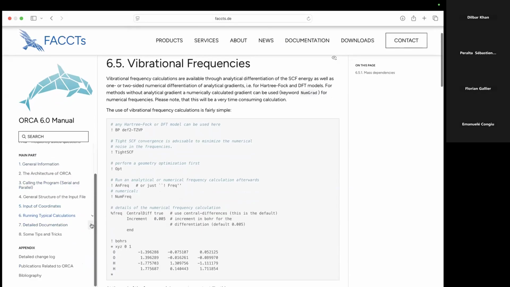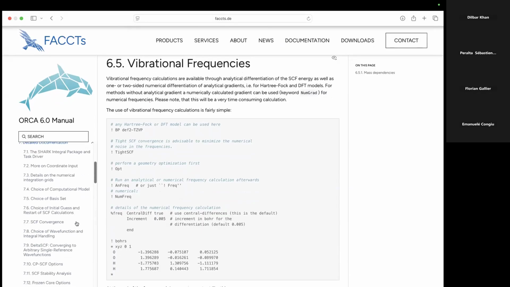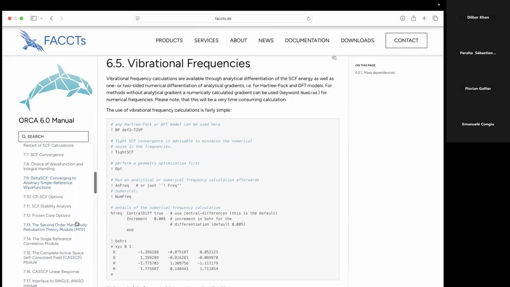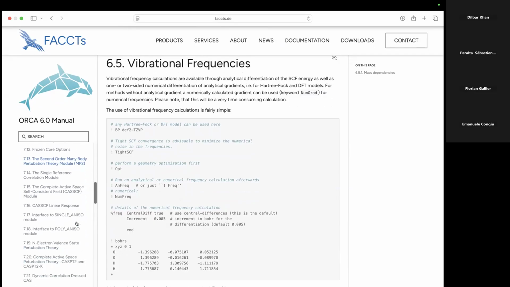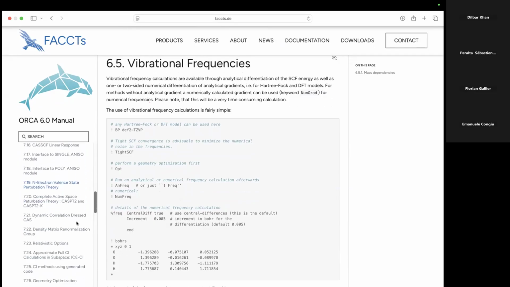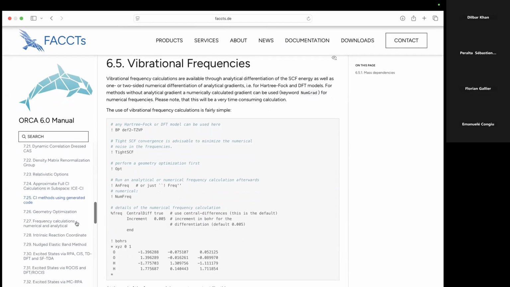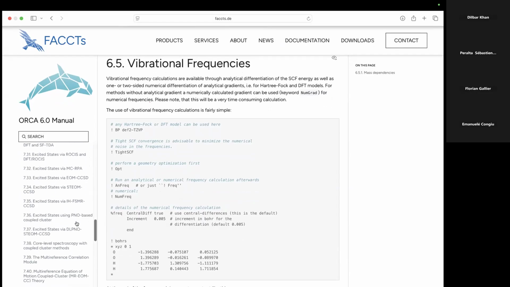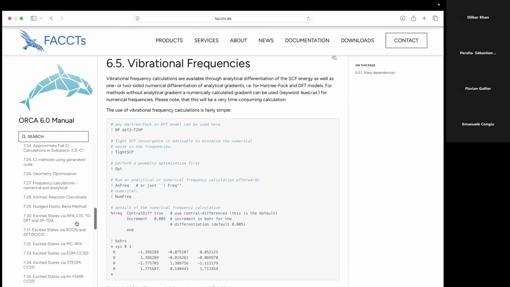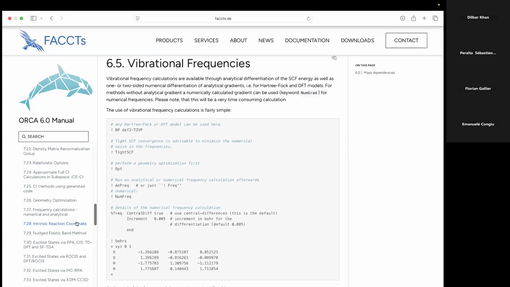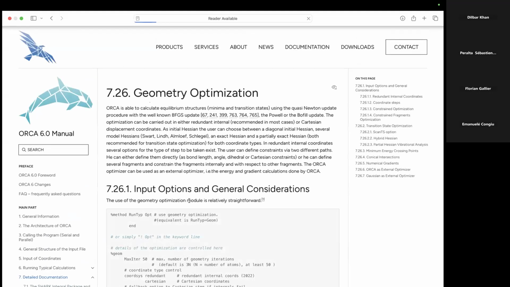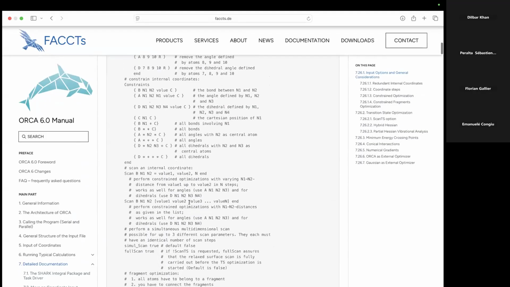Now, if you go into the detailed documentation, you can see the methods you can use. Even for the geometry optimization, you can see many options.